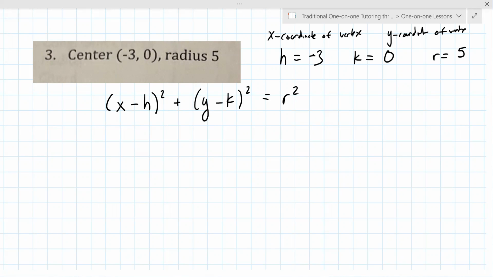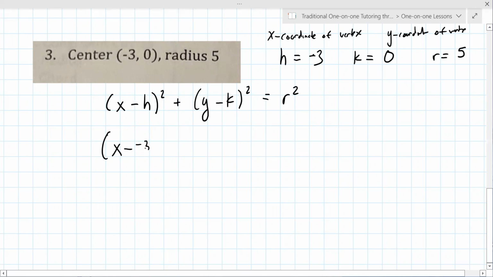And for that, what you need to do is x minus -3, so we can write x minus -3 squared plus y minus 0 squared equals 5 squared. Great.